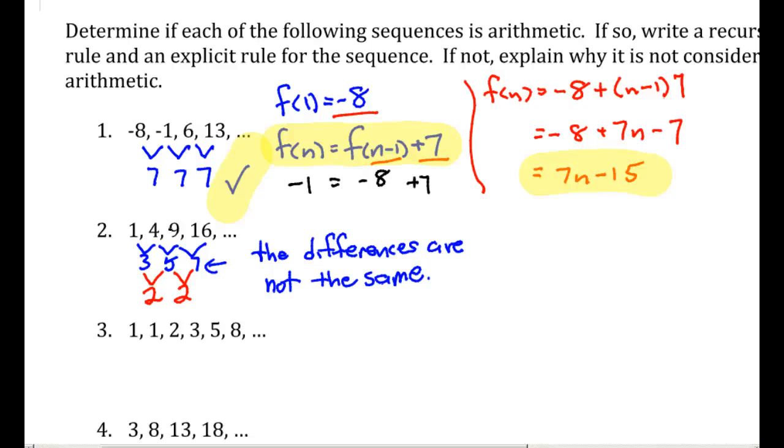Not just making up random things, but really looking for something concrete. Is it 25? It is 25. Then 36, 49, 64, 81.